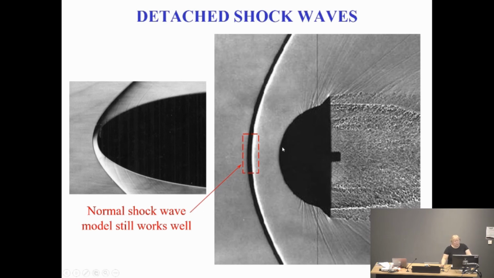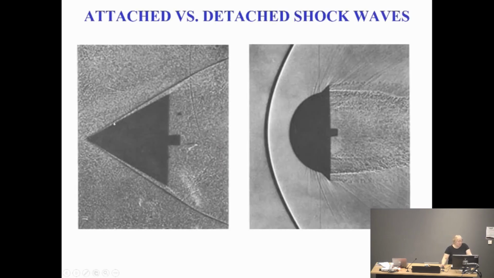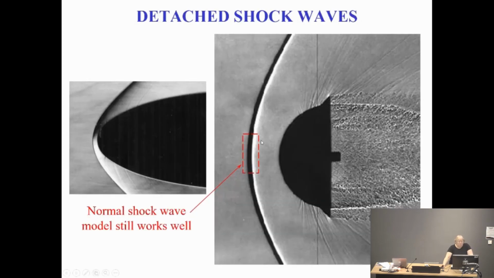Now the thing about the shock waves here is you can see the angle is pretty much, until it gets into the wake, a straight line. So what you're going to be calculating soon is what that angle is. If you look at the right hand picture, you can see that instead of the same angle for the shock, it's changing from basically standing up and then going to an oblique shock.